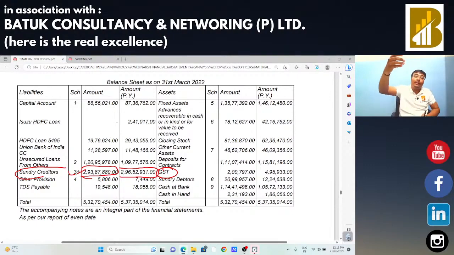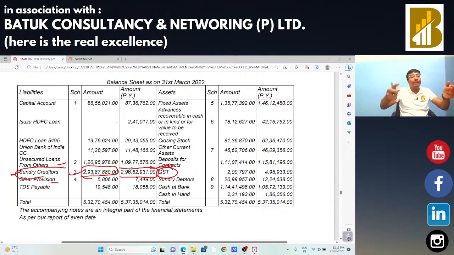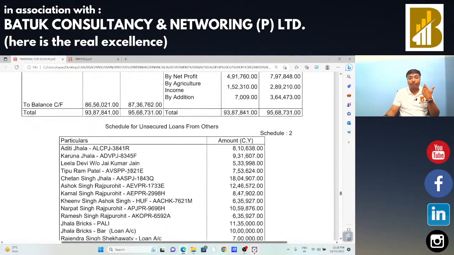So we are going to take the list of age-wise creditors, and also we are going to take the creditors ledger from the party. Okay. Unsecured loan is there and other provisions is also there that are not an important part for us. So these are the two important points from the balance sheet point of view. We are going to check the same for our analysis purposes.